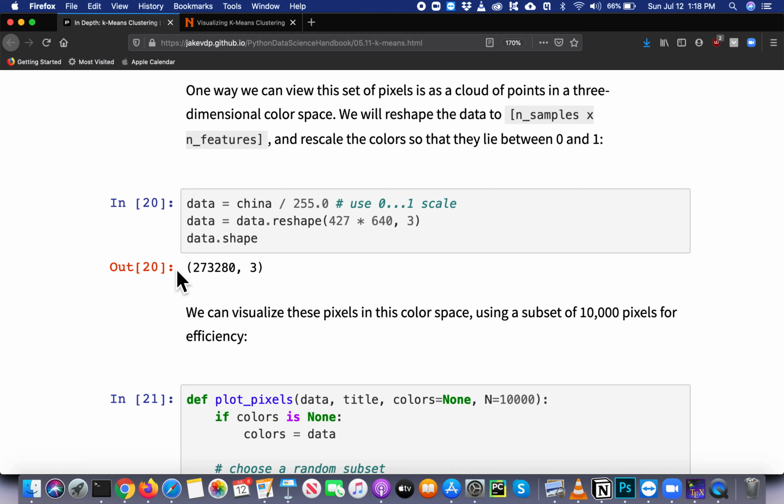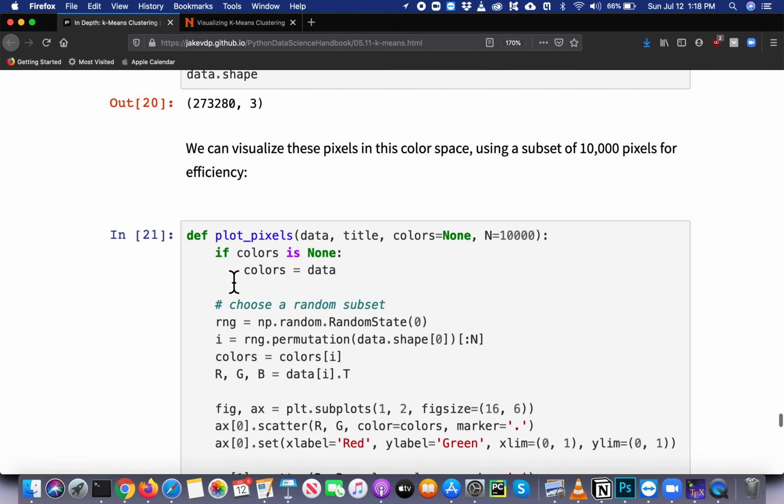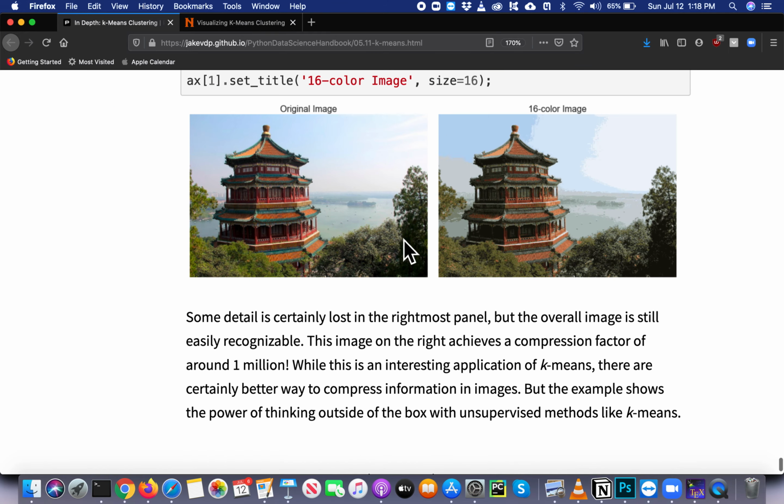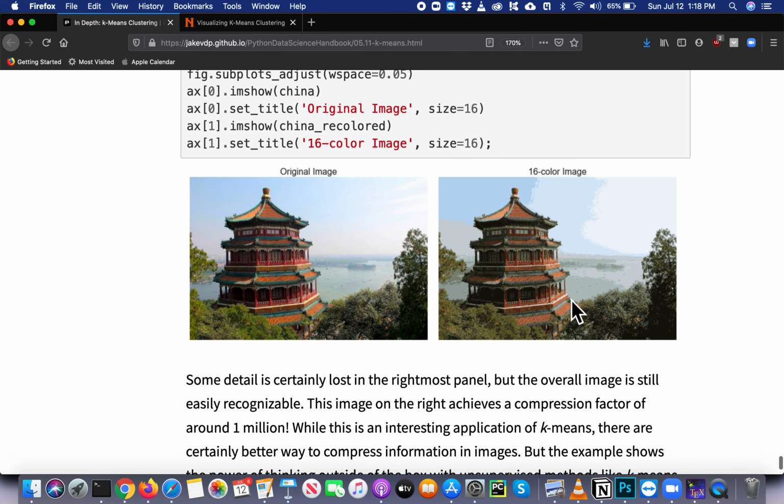So you basically reduce the dimensionality from 273280 comma 3 to 16 comma 3. And for each of the pixels, you look at the learned RGB cluster centers and assign it to the closest color. And once you do that, you're able to reconstruct, using just 16 colors, this output image.